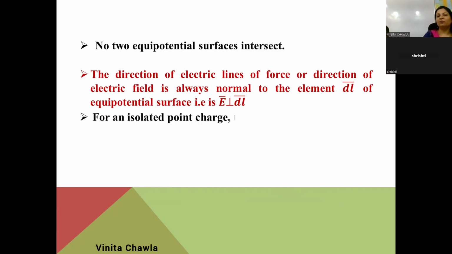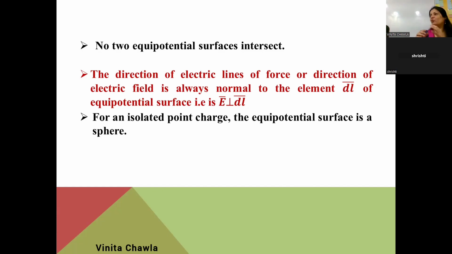And for an isolated point charge, the equipotential surface is a sphere. For a point charge, the equipotential surface is a sphere because a sphere has an infinite number of points, and this is the center where the point charge is.